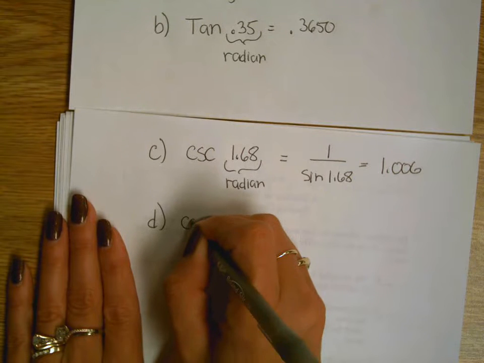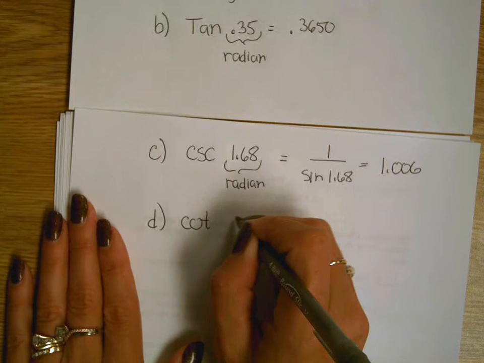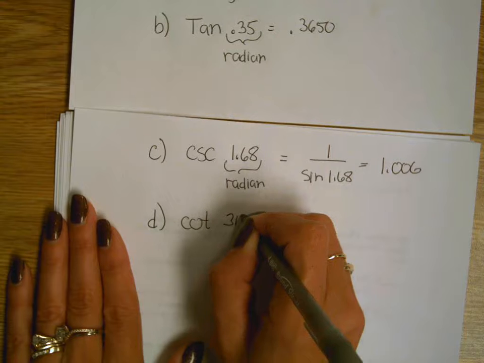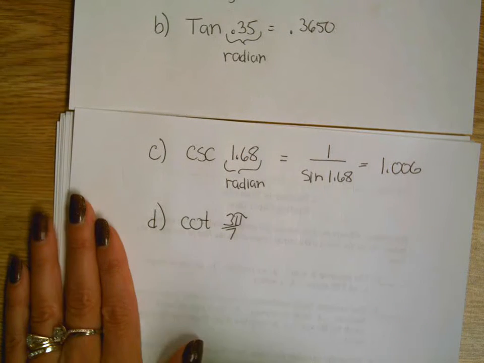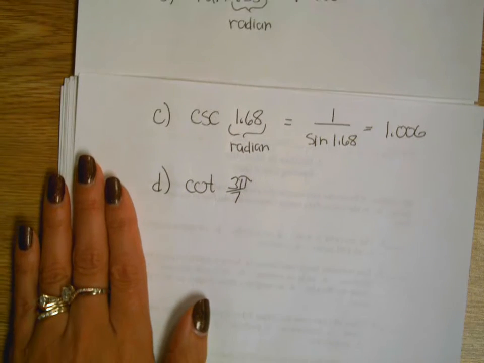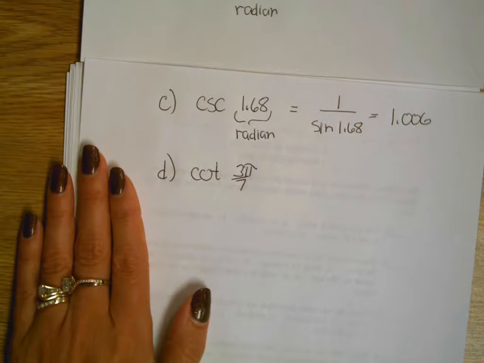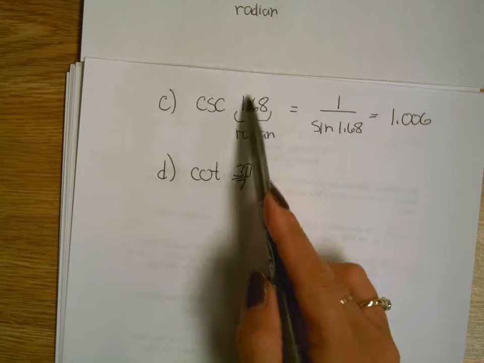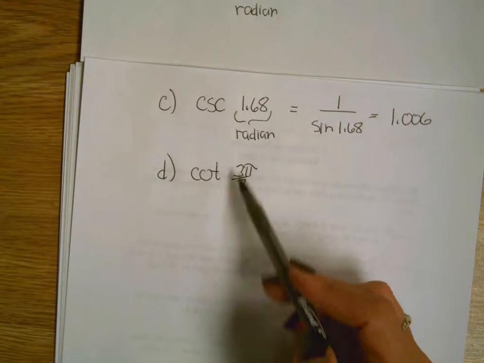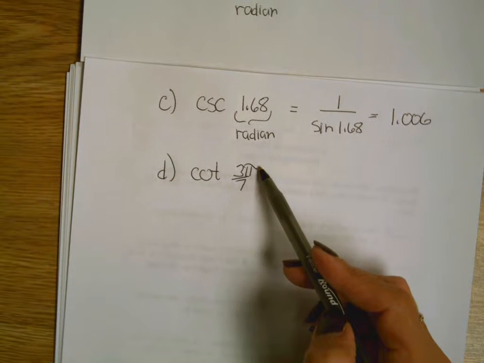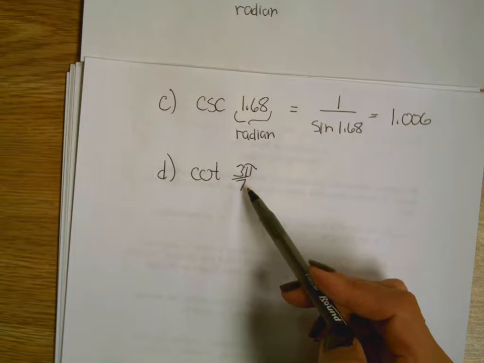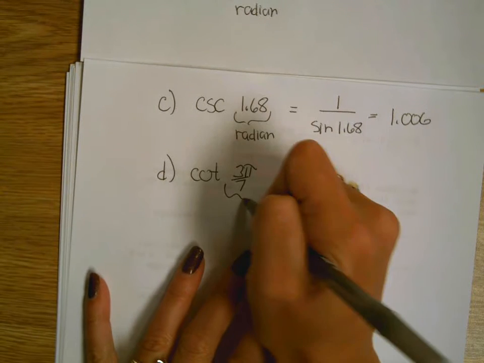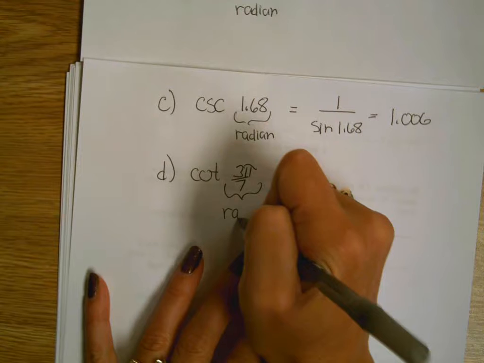What about the cotangent of 3 pi over 7? What kind of angle is 3 pi over 7? That's a radian also. Remember, we can give radians in exact pi form, or we can give them in decimal approximations. It doesn't matter. It can come either way. As long as there's no degree mark, it's automatically a radian. So you're still in radian mode.